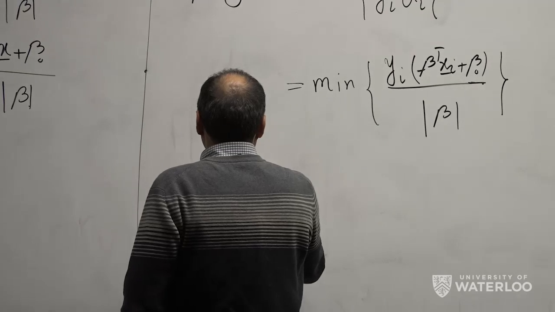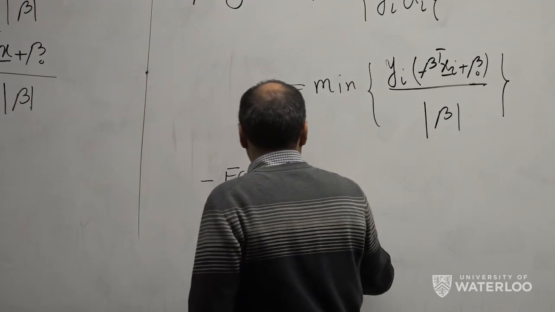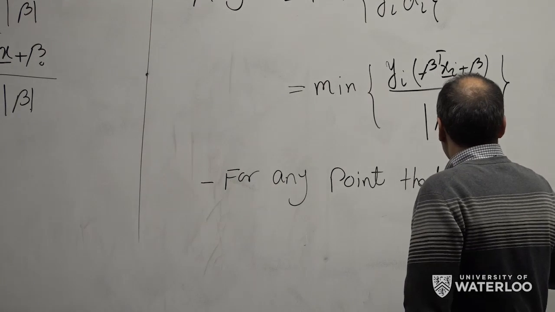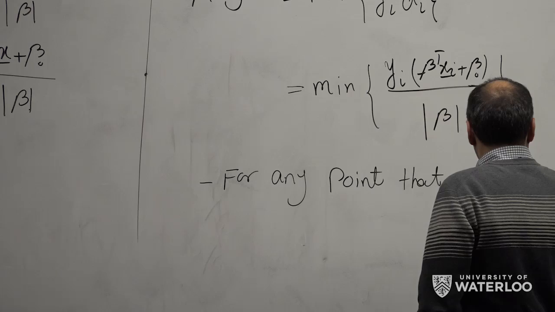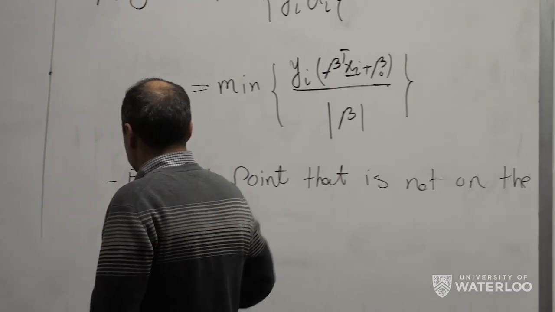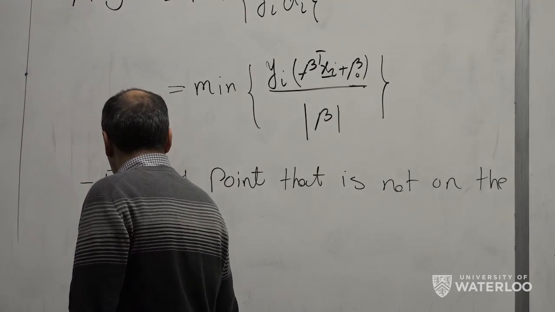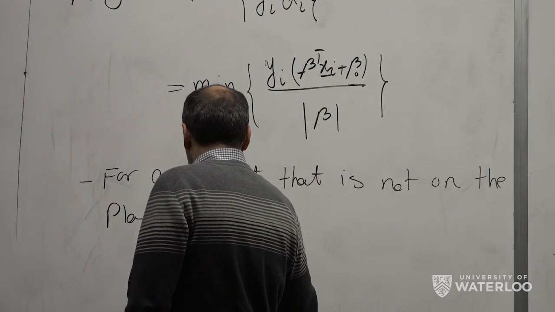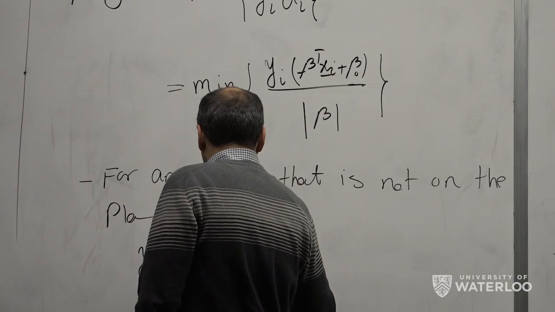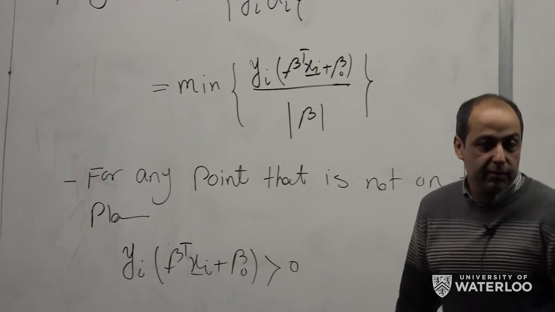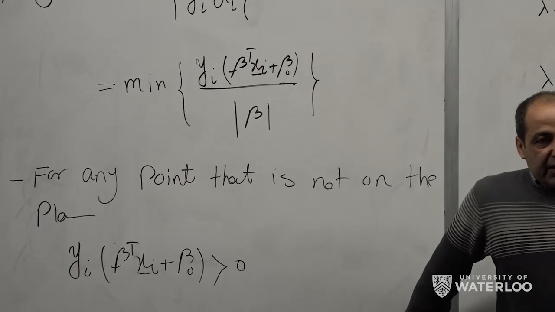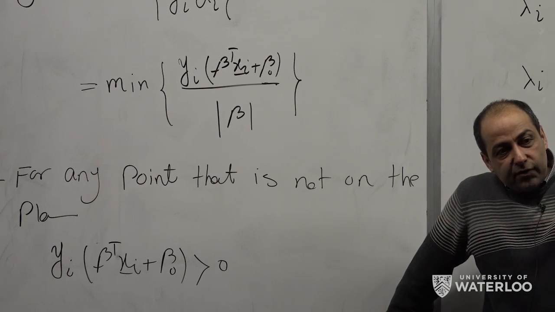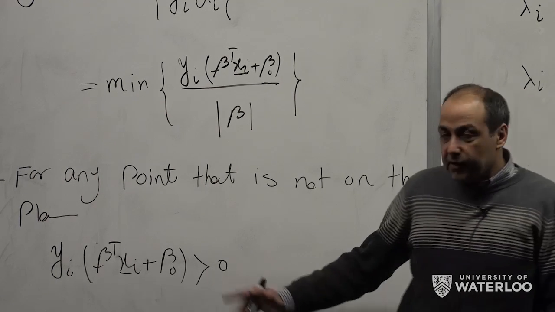So I'm going to say that for any point that is not on the hyperplane, yi times beta transpose xi plus beta null is greater than 0. Do you believe? Because if it's equal to 0, it is on the hyperplane. If it's not on the hyperplane, it's greater than 0. It's not equal to 0.